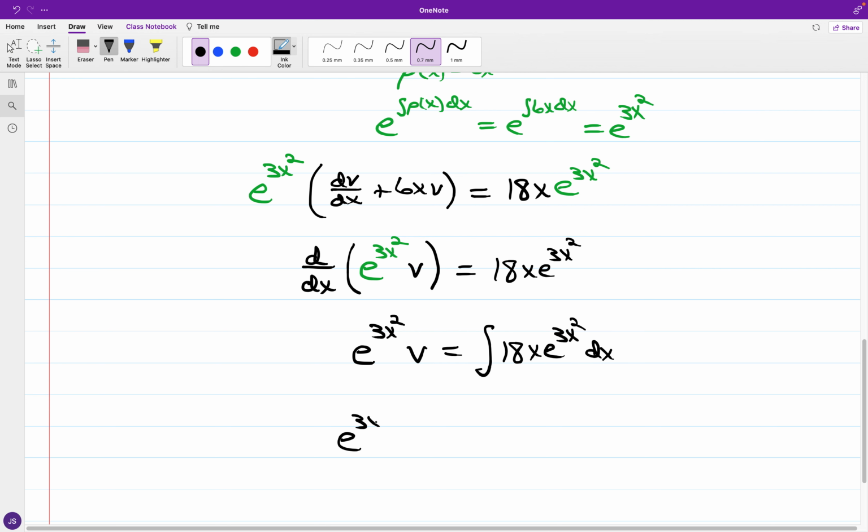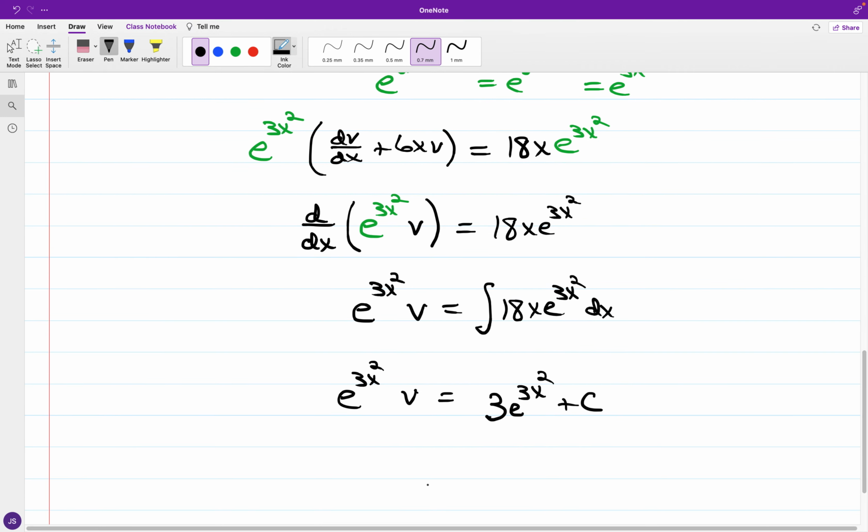The derivative of 3x squared is 6x, and into 18x will be 3 times. Dividing by e to the 3x squared, v is equal to 3 plus c times e to the negative 3x squared.